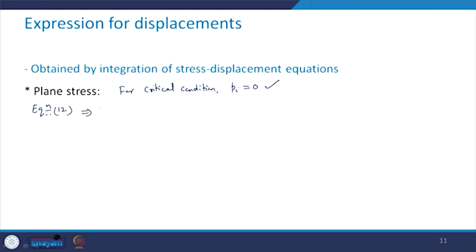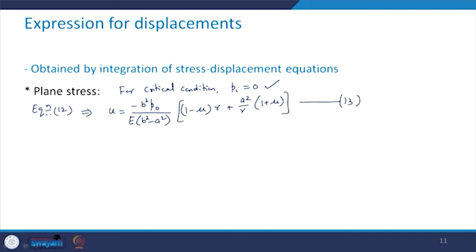What we will get is a nice and simple expression, which is minus b square p naught divided by E times (b square minus a square) [(1 minus mu) into r plus a square upon r (1 plus mu)]. This will be equation number 13.